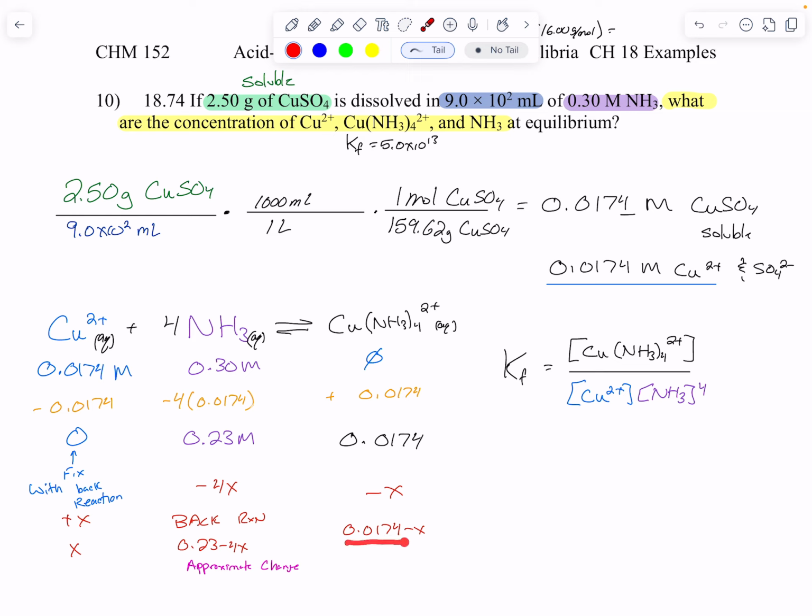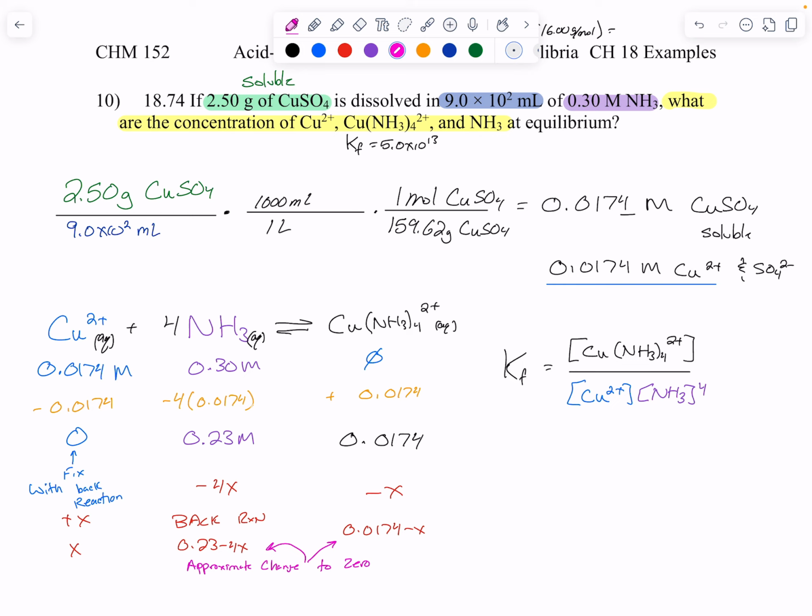This 0.0174 is 1.7 times 10 to the -2, versus 13. It's way more than 1,000 times different. So you can approximate the change, both here and there, to 0 or negligible.